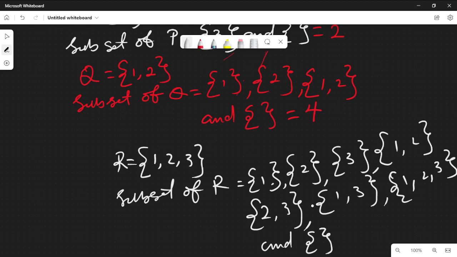So let's count this. We have how many? 1, 2, 3, 4, 5, 6, 7, and 8. So the number of subsets of R is going to be 8. Am I making sense now?